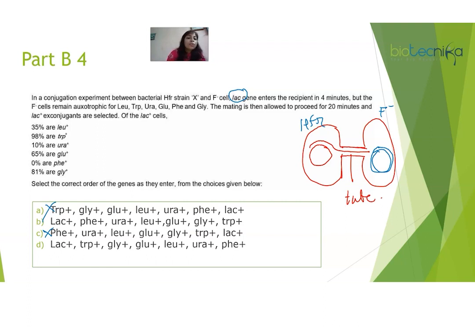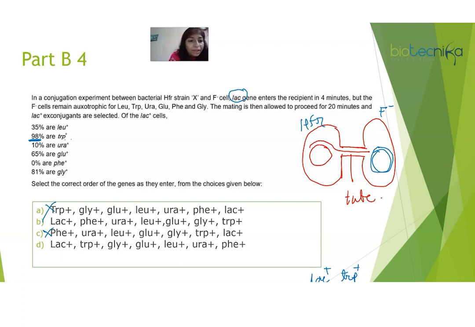Okay, so what do we see here? TRP is 98%, the next highest frequency. That means this TRP plus has to be right after lac. So we have lac first, and after lac, it has to be TRP.